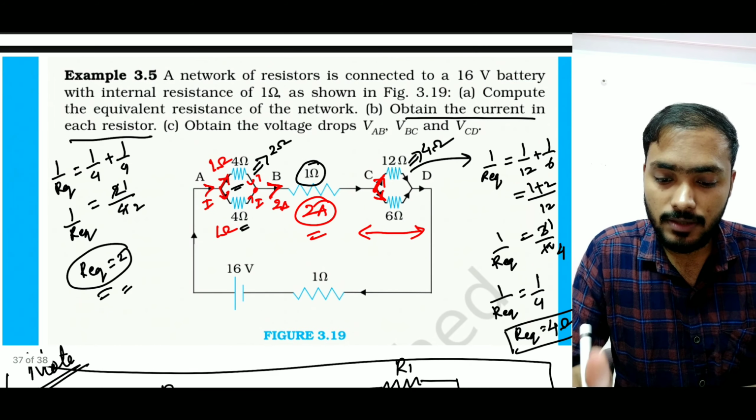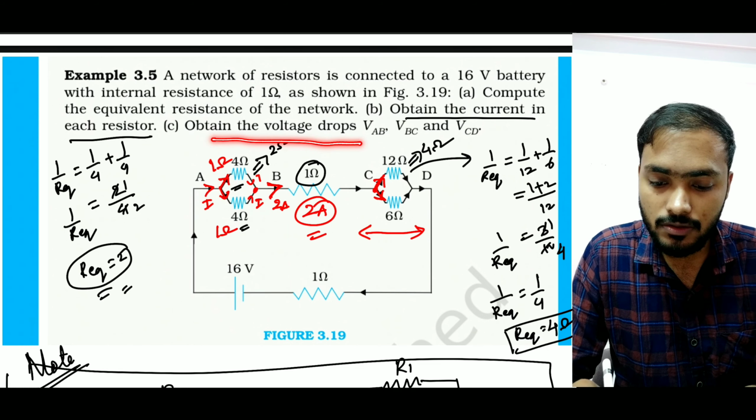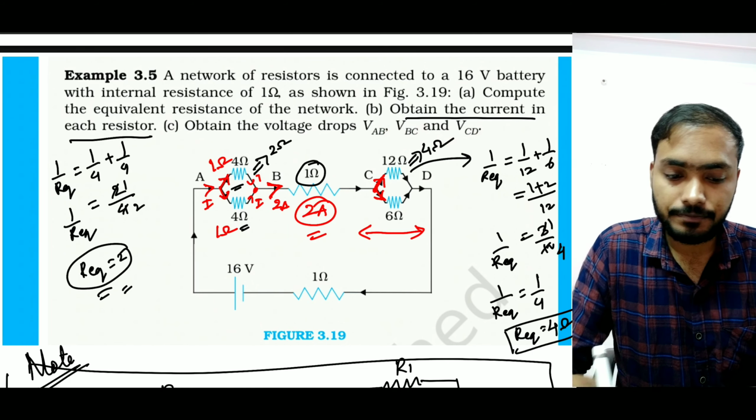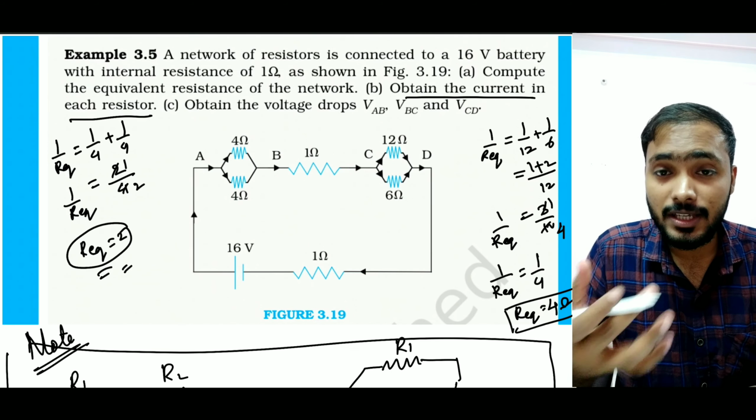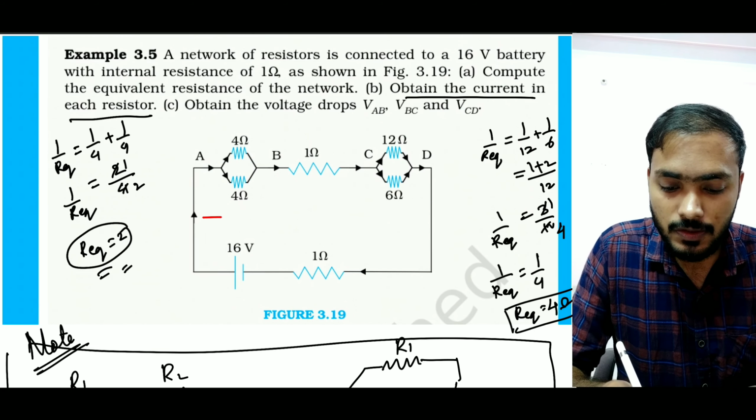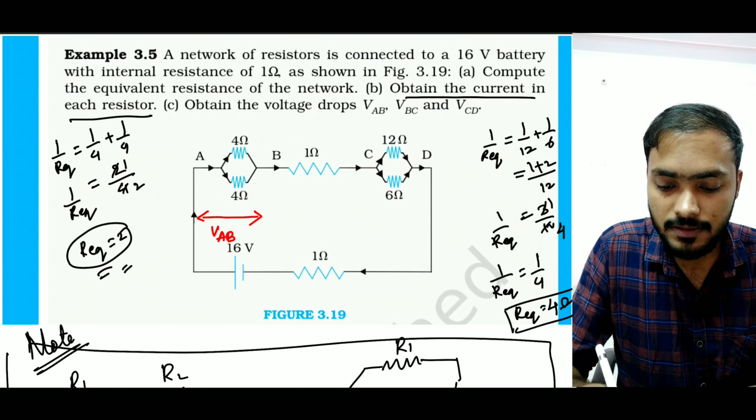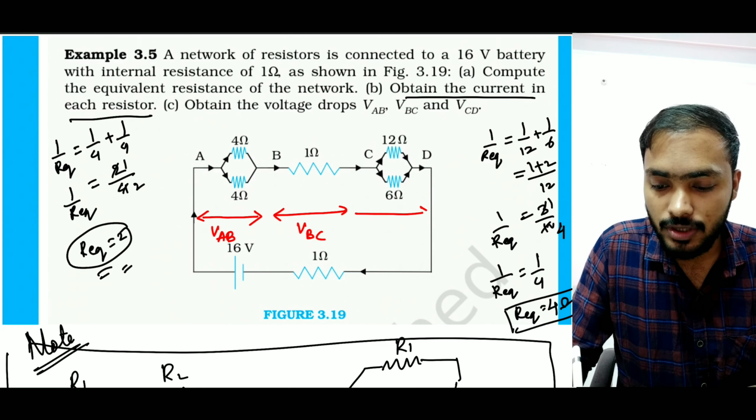Okay, let's look at our third part of the question. Obtain the voltage drop across your VAB, VBC and VCD. Let me just erase everything so that we can understand it properly. Here I have the potential VAB across this one, here the potential across is VBC, and here the potential across is VCD.